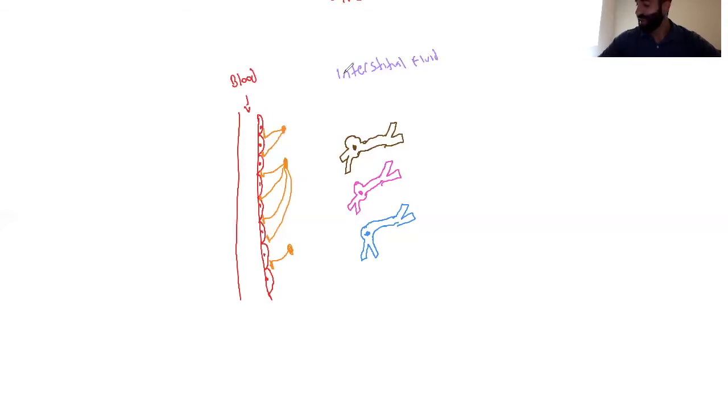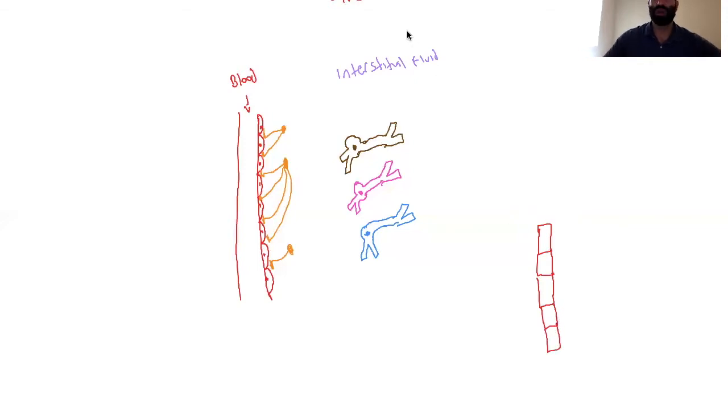Okay, now the third environment is surrounding the brain and spinal cord, and it's actually going to be secreted by what we call ependymal cells. So I'm going to draw here. This again is blood vessels that are innervating the brain.